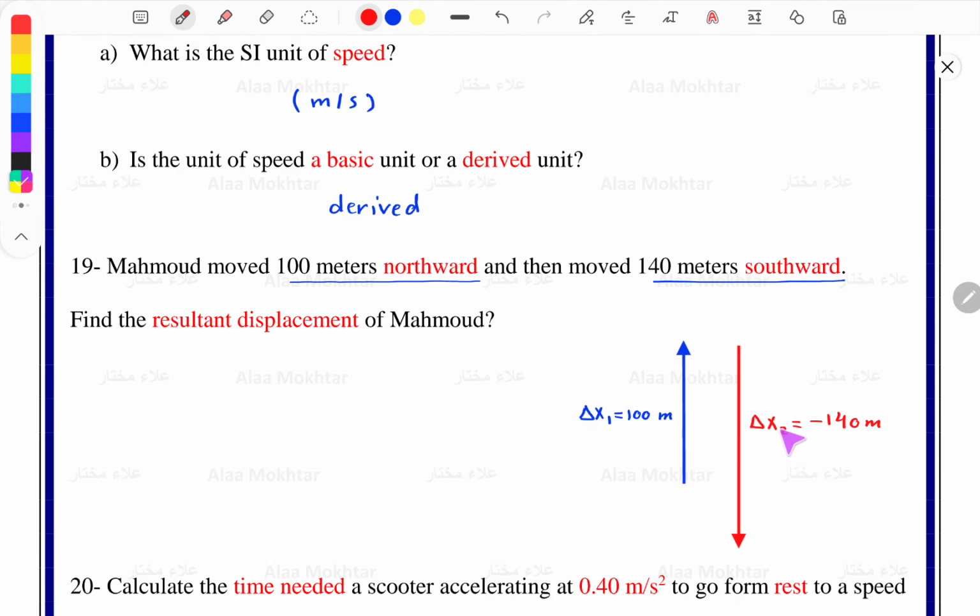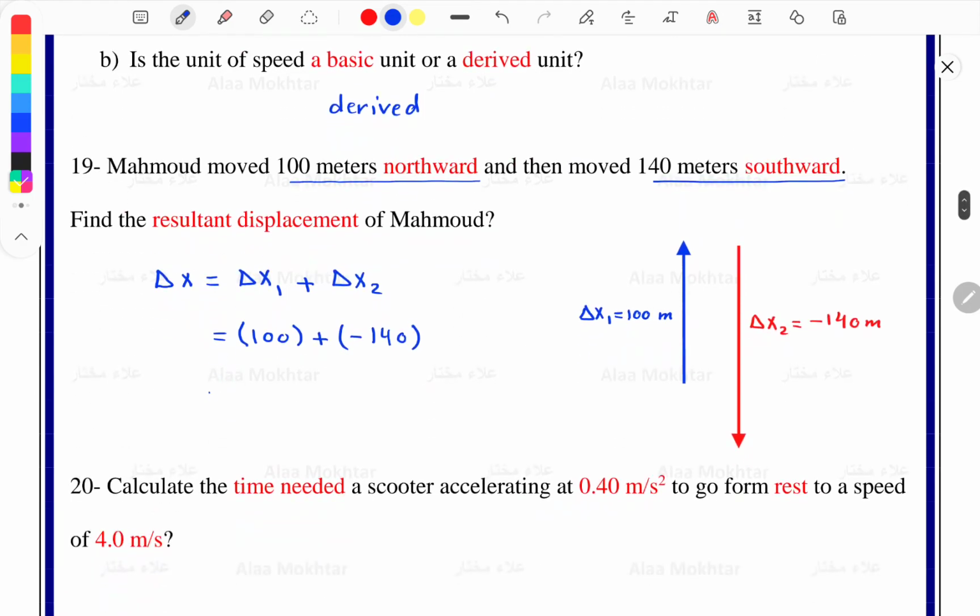In this case, the resultant displacement, or the total displacement, total delta x equals delta x1 plus delta x2. It's a vector. We write delta x1 100 plus delta x2 negative 140. Why negative? Because it's down.